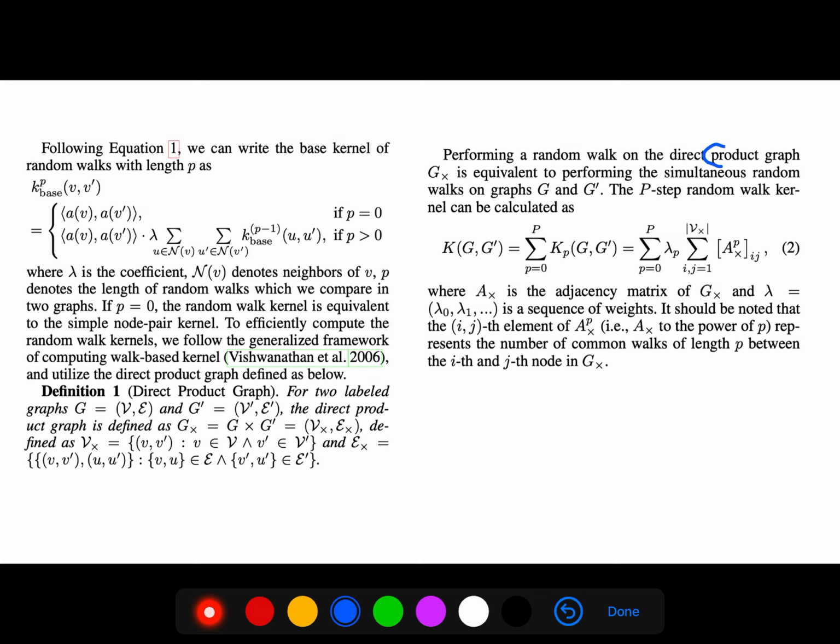But this product graph is not biologically inspired, the way they create the product graph, of course.